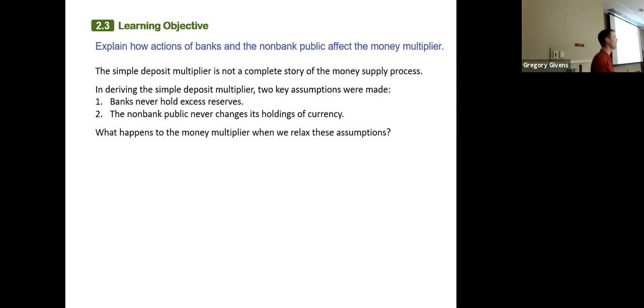What if we allow banks to hold excess reserves? What if we allow people to hold currency instead of checkable deposits? Does anything happen to this money multiplier process? That's what we want to think about in today's discussion.